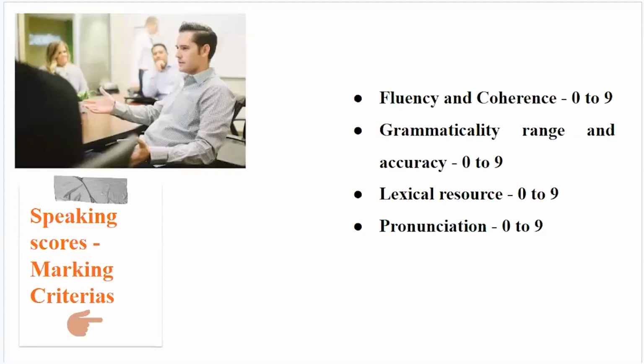The next one is speaking. Like writing, speaking is also assessed by the examiner. Here, the band score also depends on how well the person performs, and it is completely analyzed and scored by the examiner.